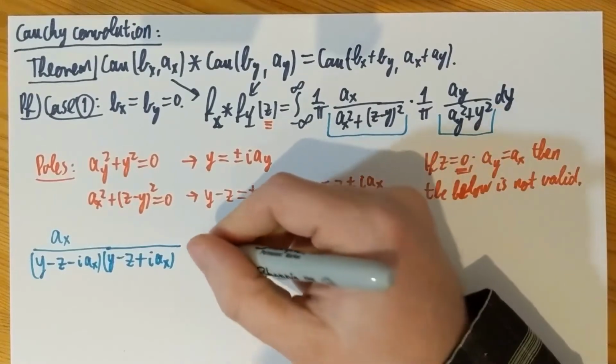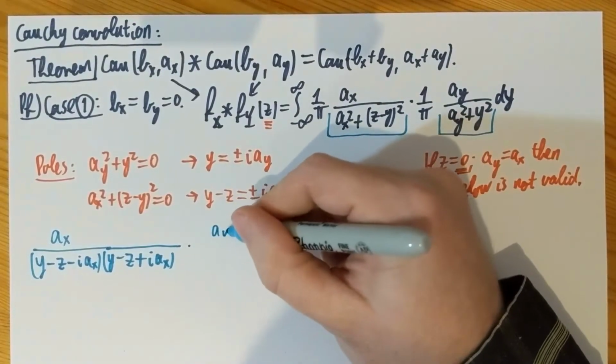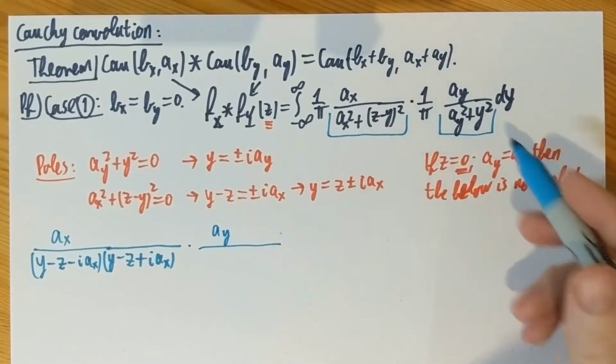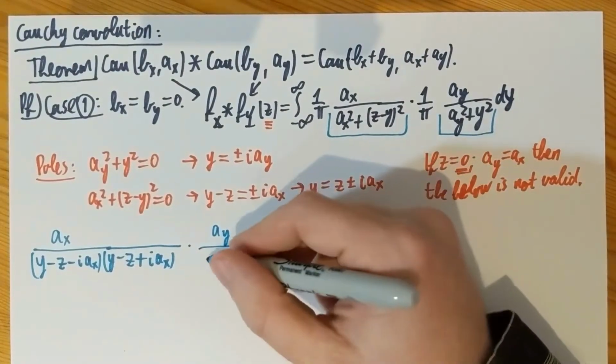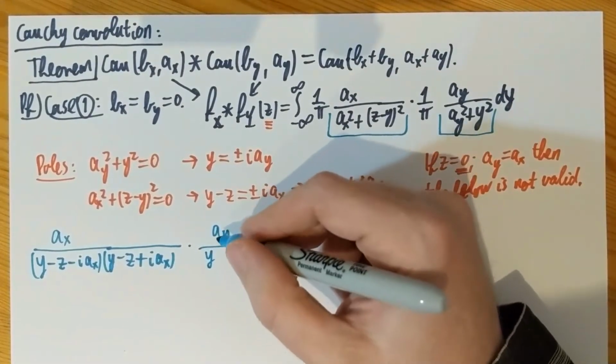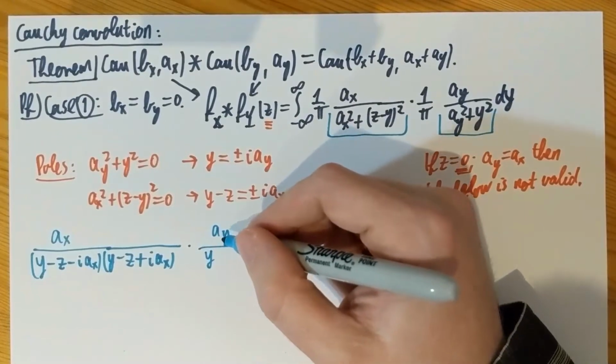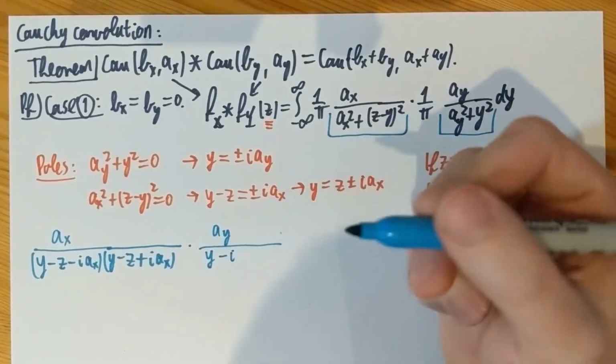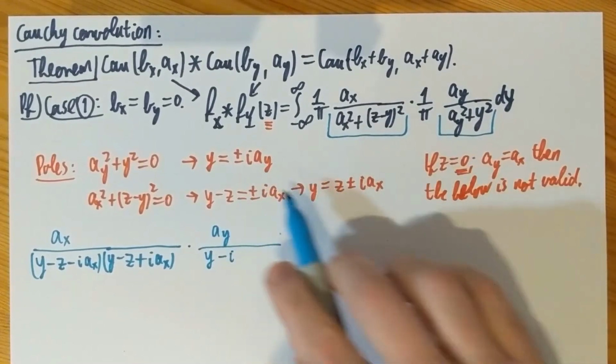And in a similar way, I can write the second factor, AY over A squared plus y squared, as y plus IA and y minus IA. Let's start with the plus here.